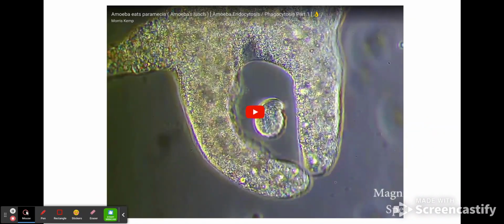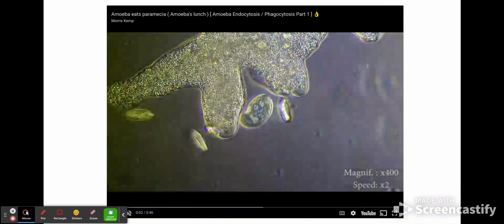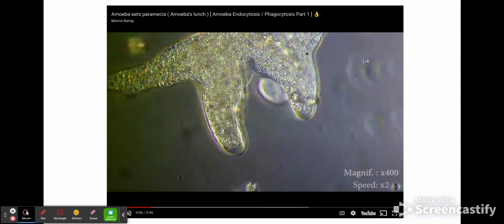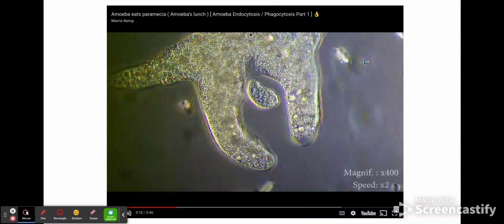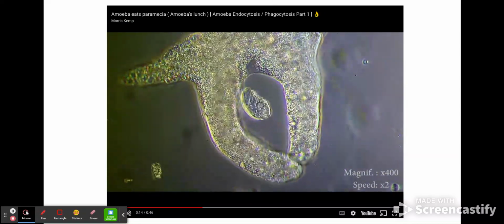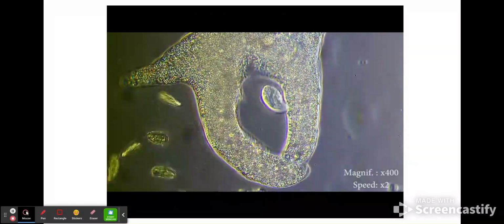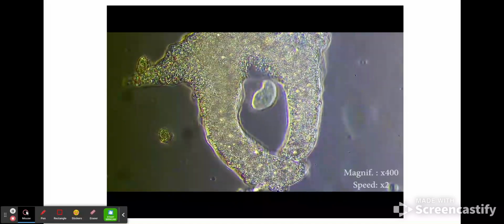So let's take a look here. I have an animation. This is a paramecium. It's an amoeba. Amoeba is the big guy. He is wrapping his arms. His cell membrane is going to surround this little guy, so that it can bring this food, this organism, into its cell, into its body.